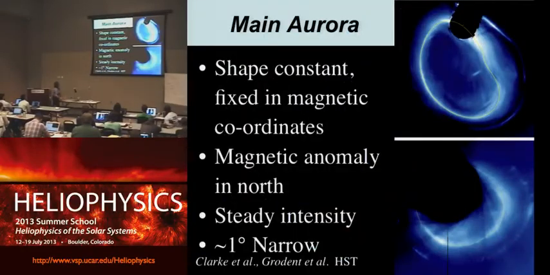So this main auroral oval, when we average it together, we end up with a pattern like that for the north and a pattern like this for the south. The non-dipolar component of this magnetic field means the North Pole is pointed more towards us than the South Pole. That's the asymmetries. And here's the kidney bean where there's a little bit of an anomaly in here. But the important point is that this main auroral oval is pretty constant, pretty narrow. And it maps to a region that's well inside the magnetosphere.